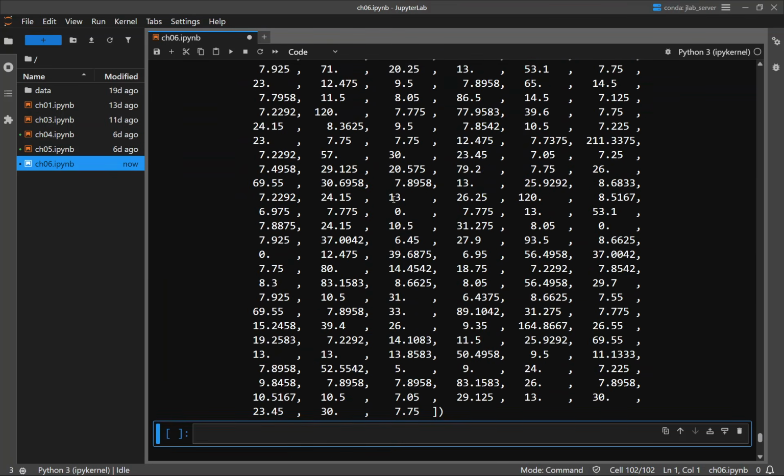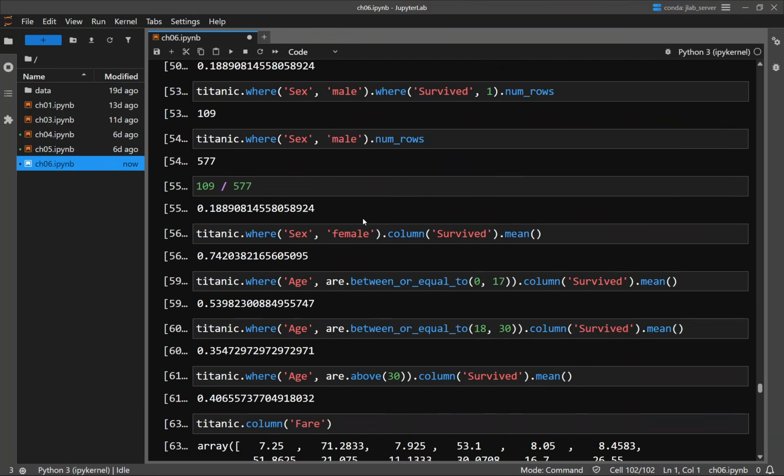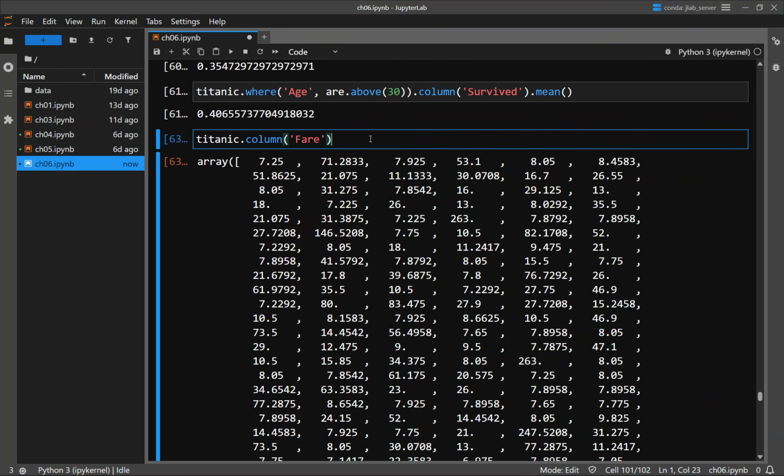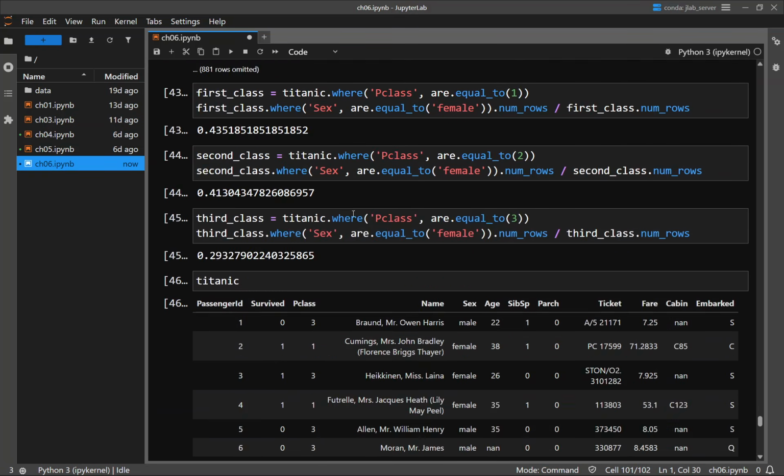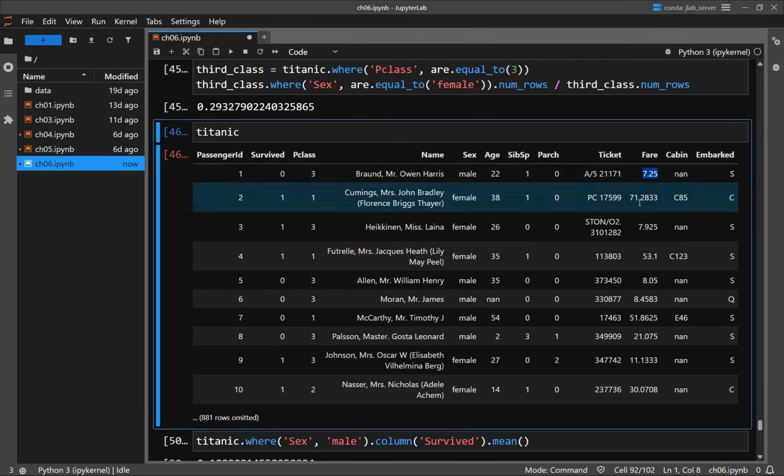Here's every fare. Some of them probably bought really expensive suites or whatever, but the average is 32-ish pounds. You can see that fares are pretty small for certain people, much larger for others. This person spent a lot of money on their cabin, their room.